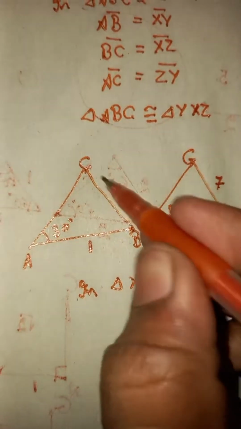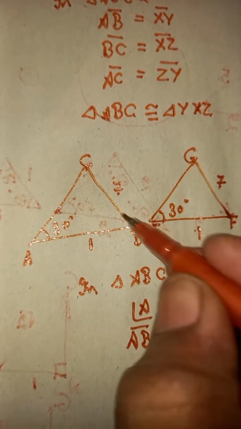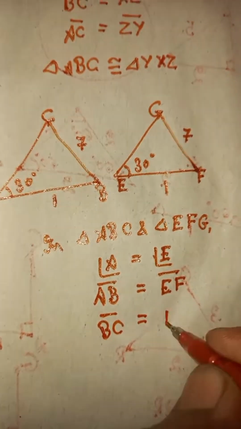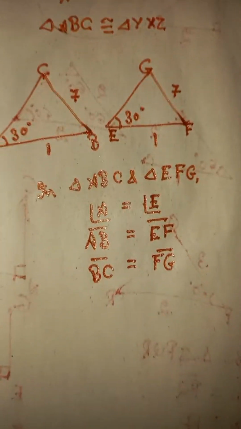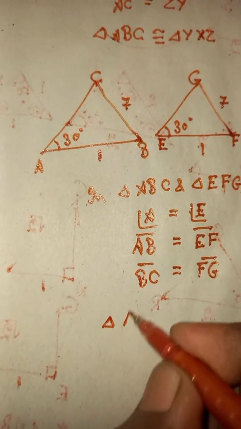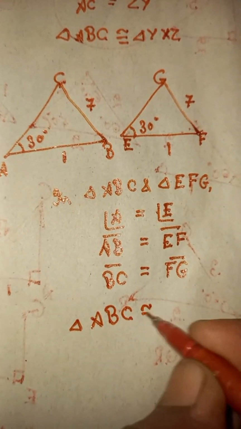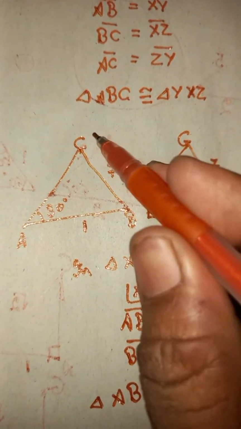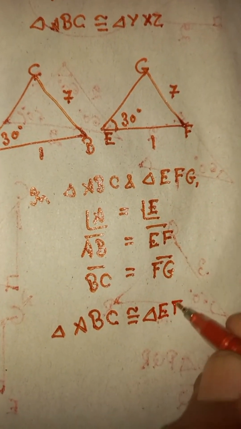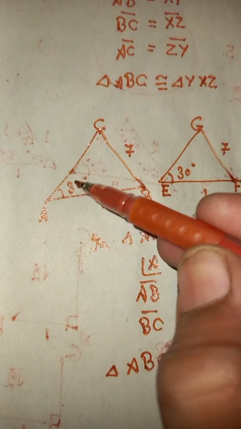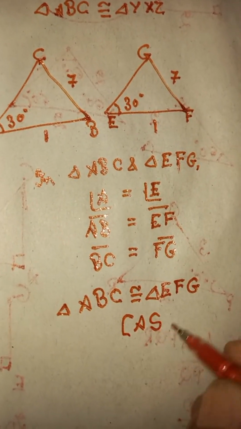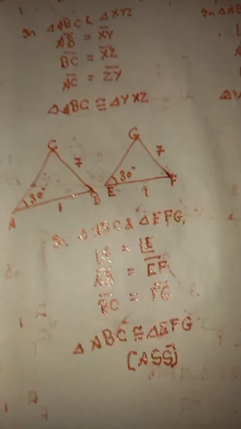And let's write another side, this side equals this side, that is BC equals FG. All of them are equal, then these two triangles are congruent, that is triangle ABC is congruent to triangle EFG. In which type is it congruent? ASS. Here also ASS type of congruency. They are both equal.